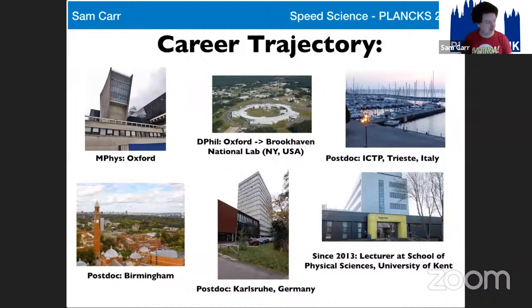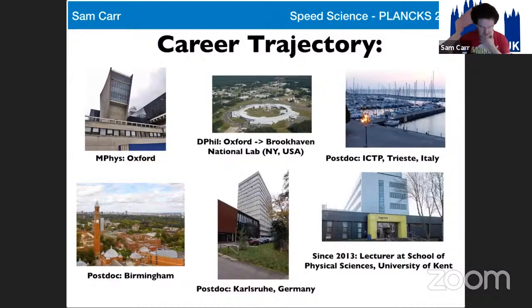And when I went to interviews in other places, they heard that I had this opportunity to work with Alexei Tsvelik in Oxford, and they said, well, you'd be stupid to come here then, wouldn't you? So I kind of stayed in Oxford, but as luck would have it, my supervisor, in fact, then moved during my first year. So I didn't stay in Oxford at all. I got the supervisor I wanted, and I got to explore the world.